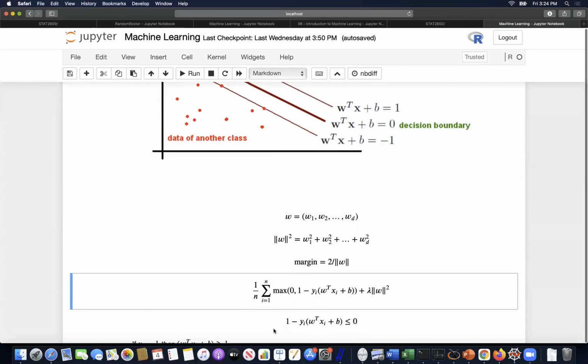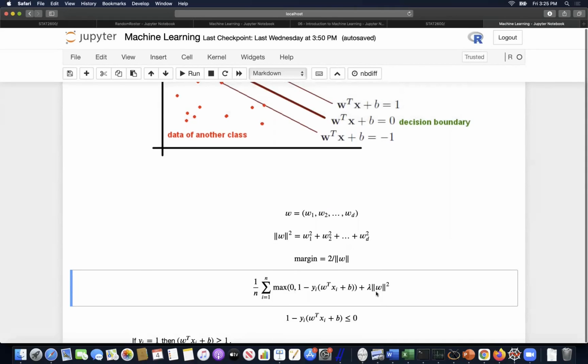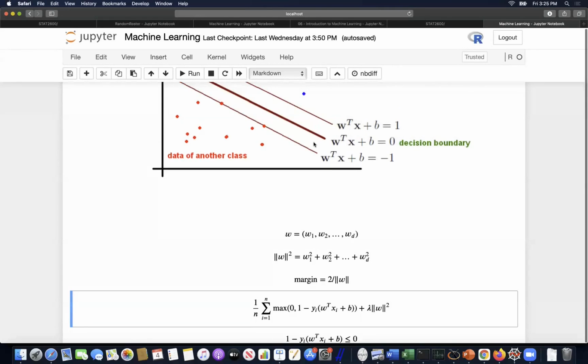So that's the role of training. There are two cases, either yi is 1 or it is -1, and this objective function is trying to make sure that, first, the margin between these two lines is as wide as possible, and at the same time, you want your data to be classified correctly.